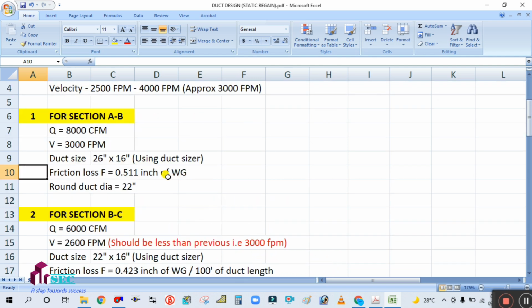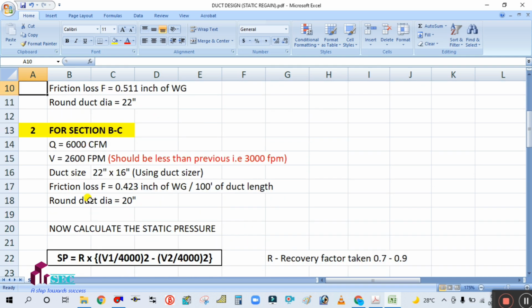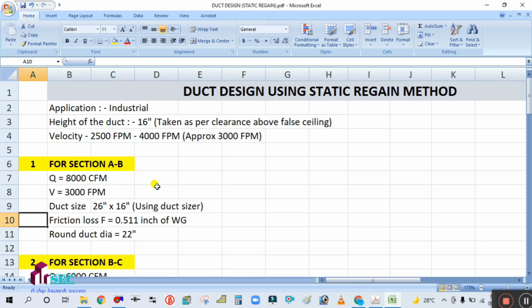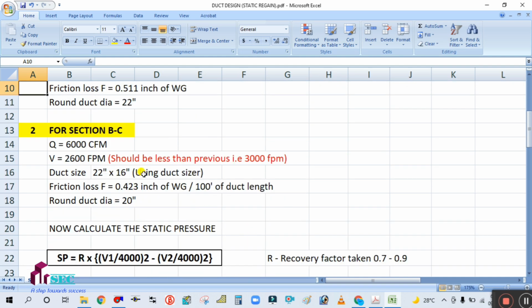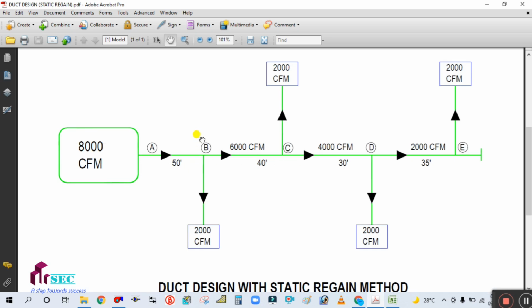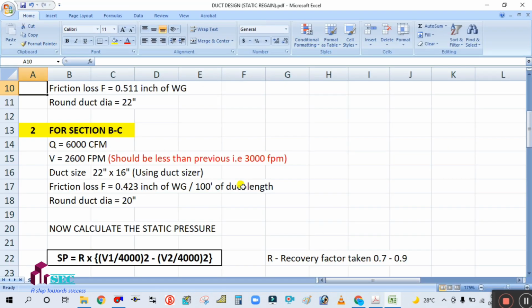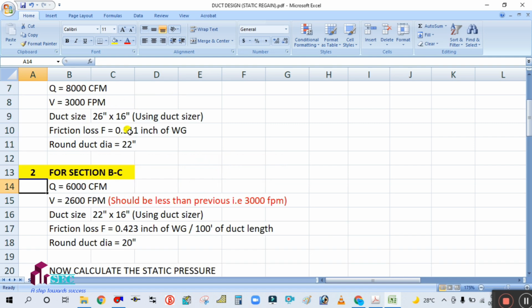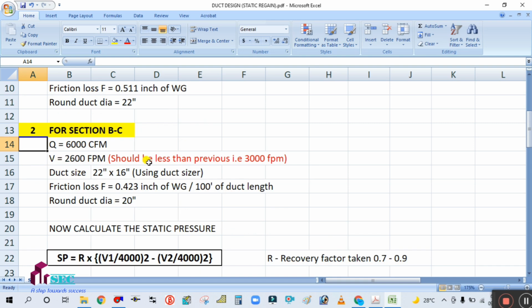The static regain method will start from the second section; the first section is the velocity method. For section B to C, how much is the CFM? 6000 CFM, so flow Q is 6000 CFM and the velocity is 2600 feet per minute. We assume it should be less than the previous. The previous velocity was 3000, so I am now assuming 2600 feet per minute.